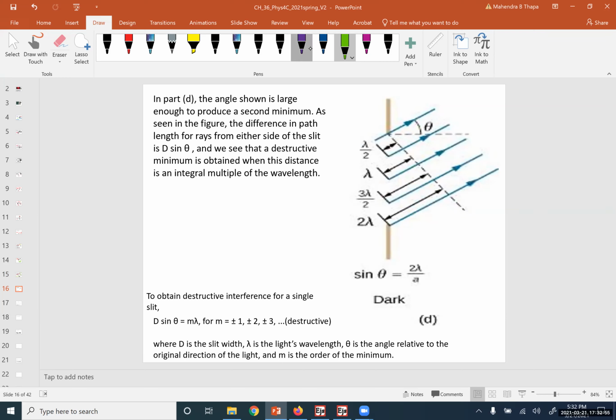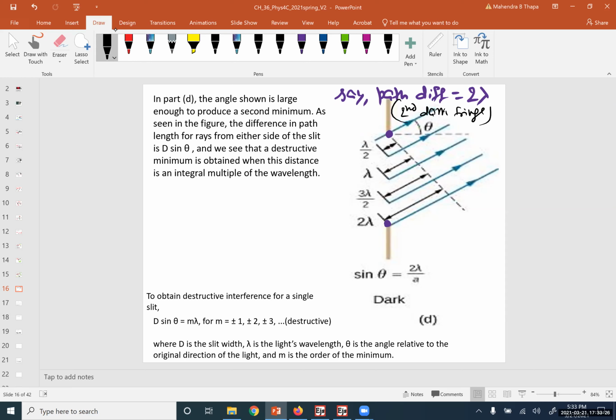Say in this case the path difference is 2 lambda, for light emitting from this point and light emitting from this point. So in this case, again as before, this will give the destructive interference. So this is the position for the second dark spot or dark fringe.